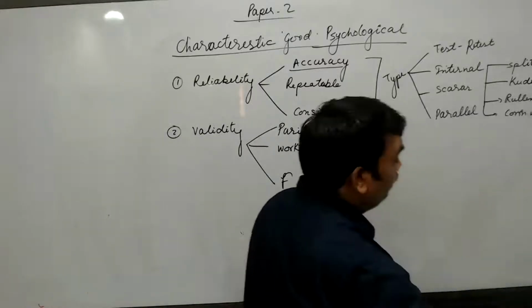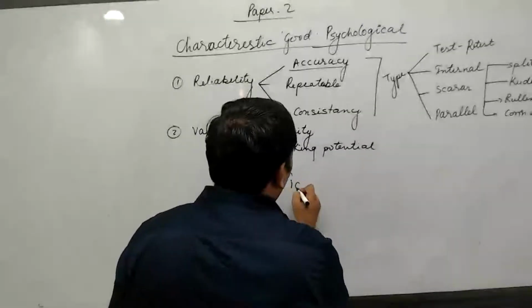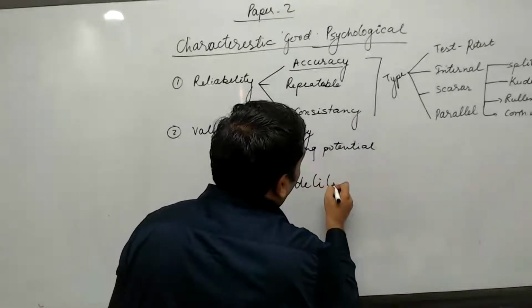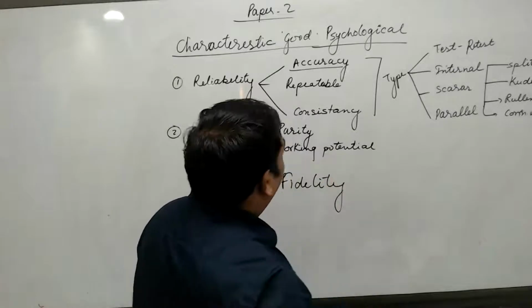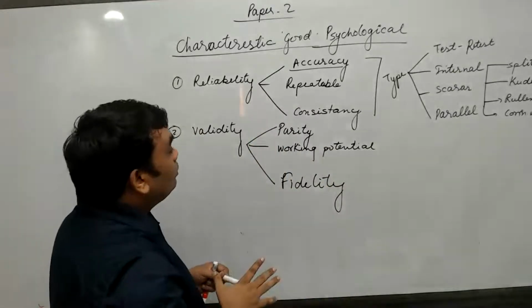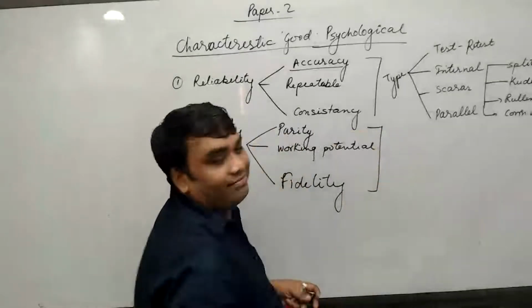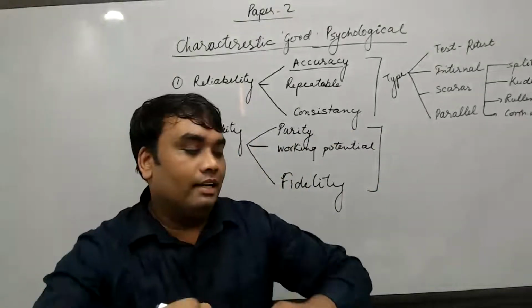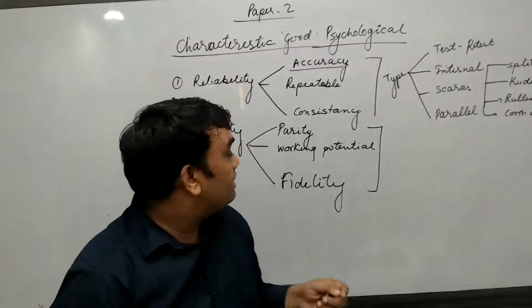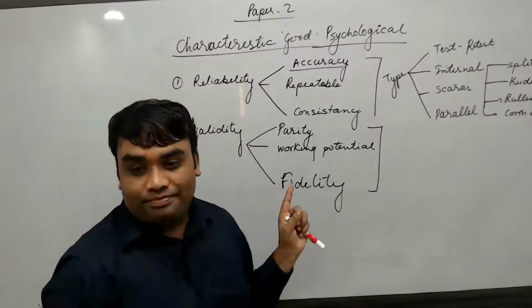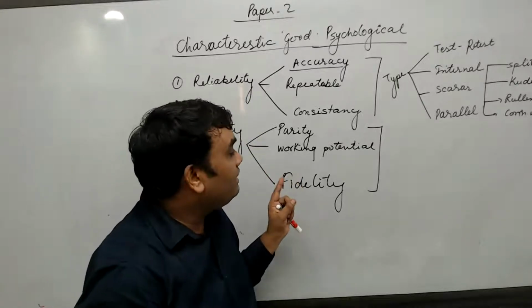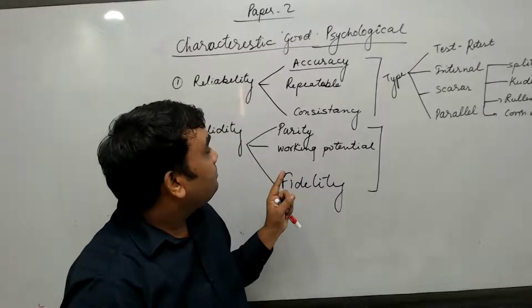So fidelity. These three things, and there are also different types in validity. What are the different types in validity?